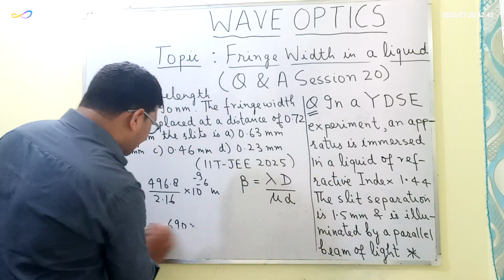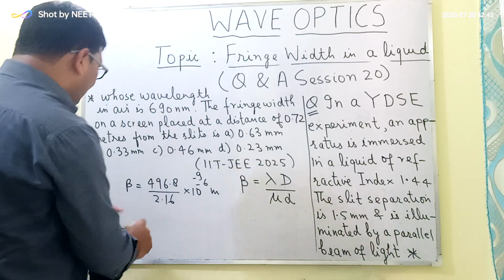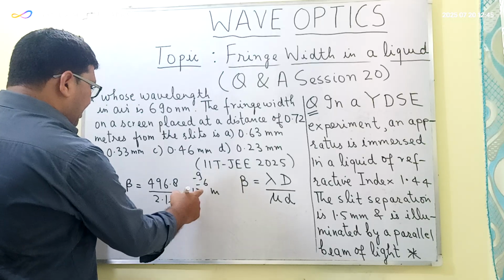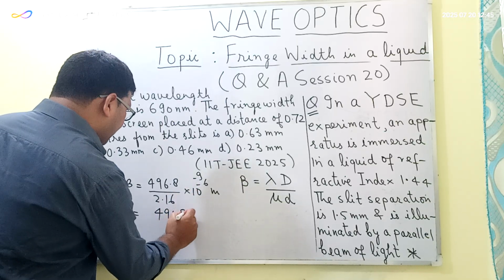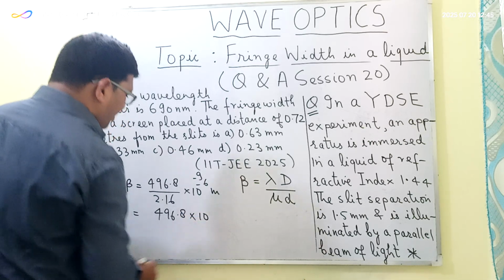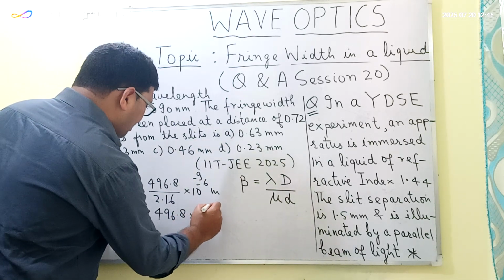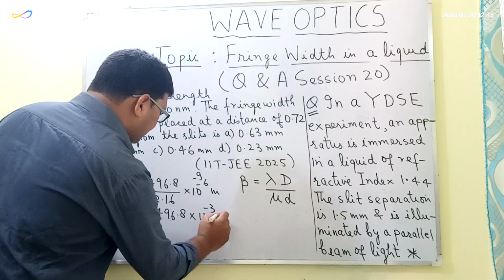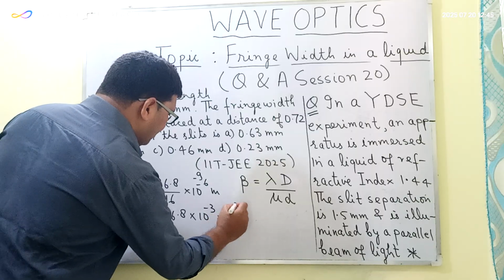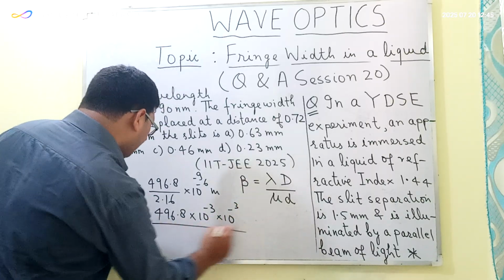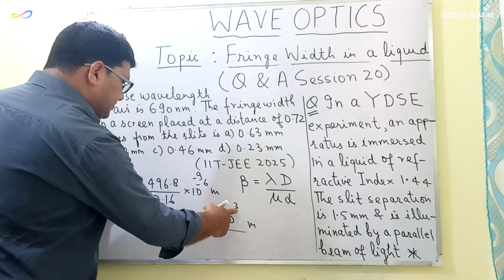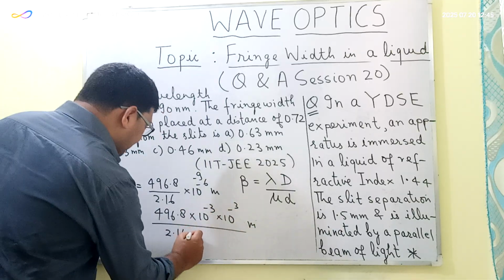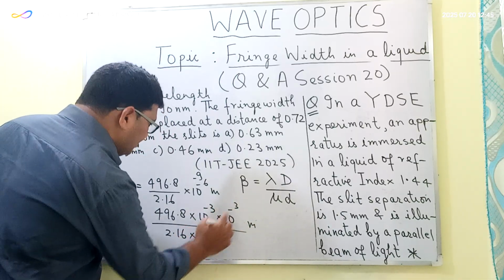Now I have to find the answer in millimeters. So I will write this as 496.8 into 10 to the power minus 3 into 10 to the power minus 3, and this is in meters. Now this 10 to the power minus 3 can be taken to the denominator.